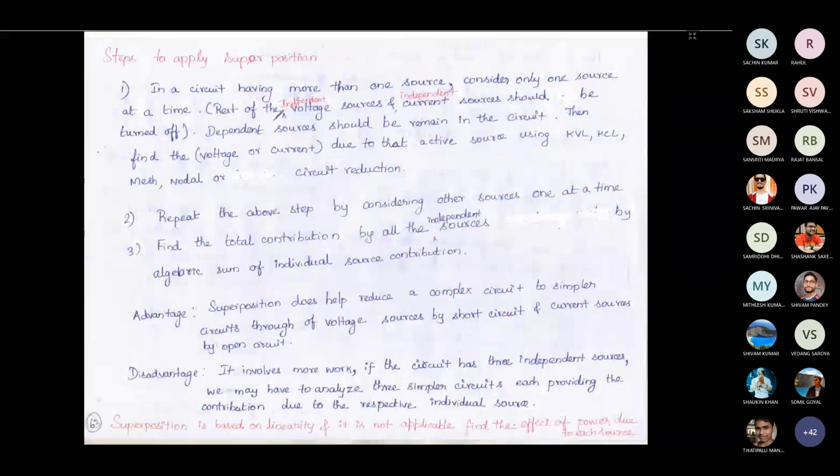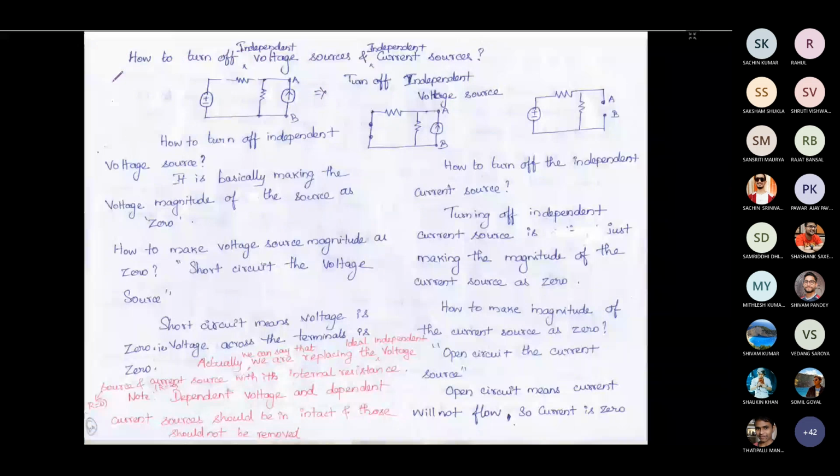Here, the procedures are given in detail. We will go to that circuit and give the explanation so that you can understand. Let's say I want to find the current through this resistor, and let's say this is I. So the very first step, you need to find the current I. This I can be contributed by this voltage source and by this current source also.